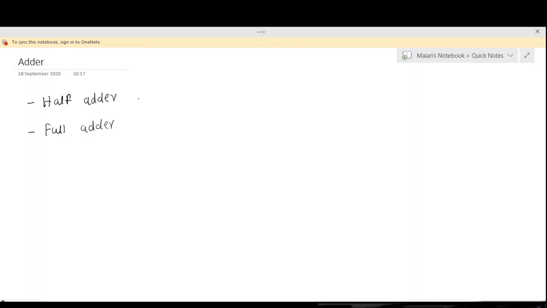When the addition of two binary inputs is performed by the adder, that adder is called the half adder. And when the addition of two binary inputs and the carry generated by the higher bits is performed by the logic circuit, it is the full adder.